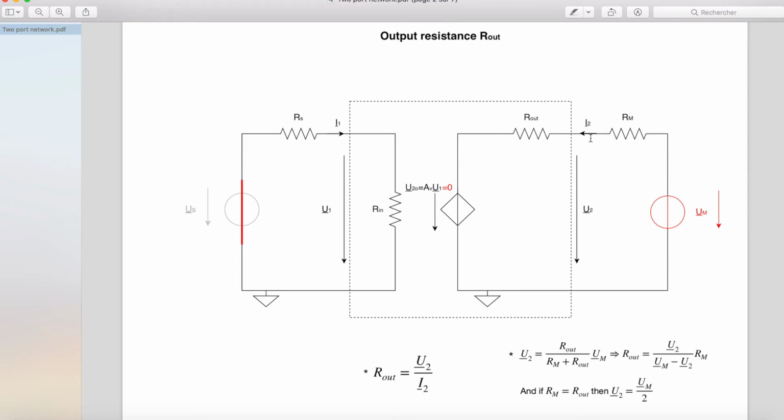But we will see another way to calculate it, and we will use the resistive voltage divider with a Rm resistor we will add to the circuit and Rout. So we can consider this formula, and Rout is equal to U2 out of Um minus U2 times Rm. And in the case where Rm is equal to Rout, we have U2 equal to Um out of 2.